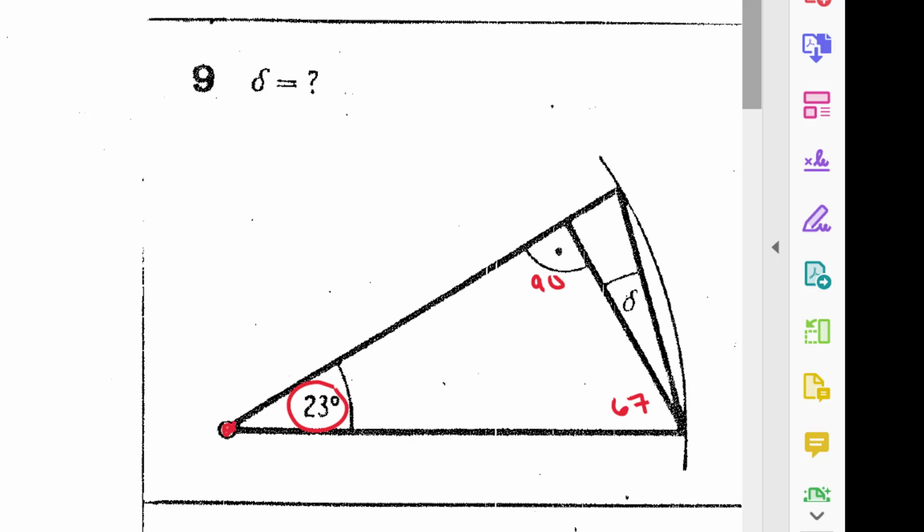I know that this angle down in this corner here must be 78.5, as well as this whole angle also is 78.5, which means that this angle right there I can get from 78.5 minus 67, or I can take this angle here as the right angle and subtract it. In either case, it's going to be 11.5.